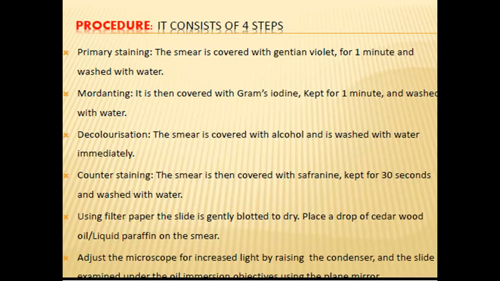You have to add the alcohol on the smear till colorless alcohol drops come out from the slide. Then after the alcohol addition, wash your smear again with tap water.